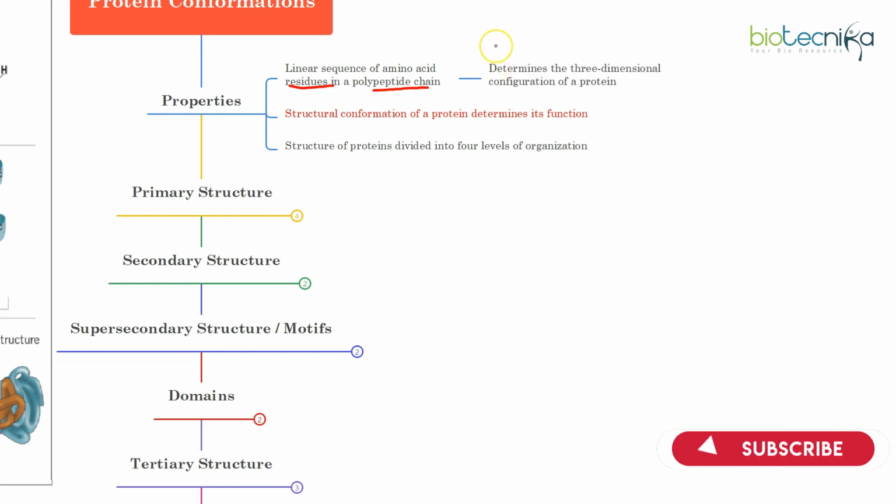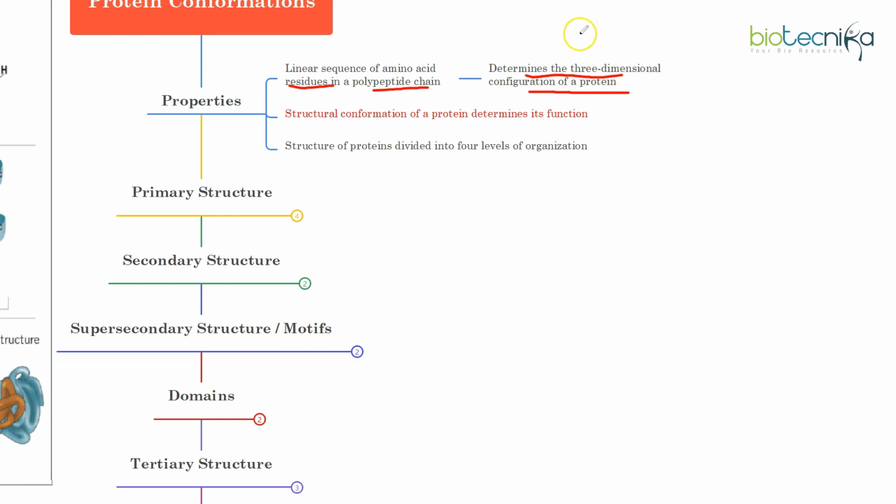Whatever structure it then takes determines the 3D conformation of the protein. The linear sequence will decide what 3D structure the protein takes, which will be the functional form, and that in turn will determine the function of the protein.